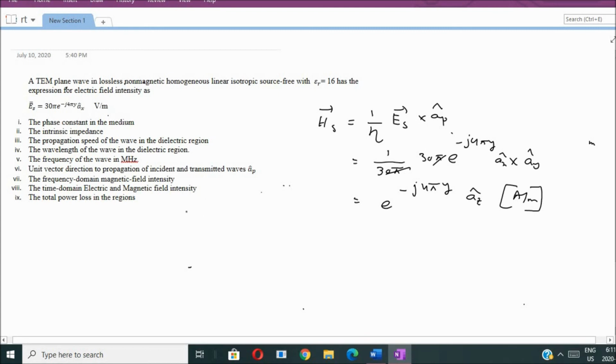Then you have to find the time domain electric and magnetic field. So the time domain electric field is E(t).